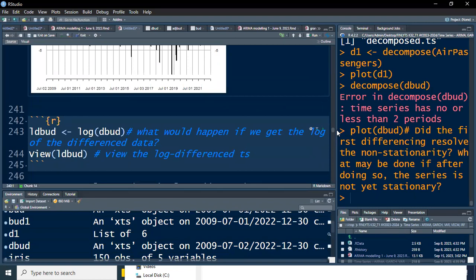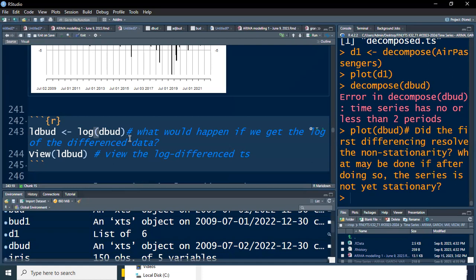Okay. So now class, let's try this. Because what we did was get the difference of bud. Now, what is getting the log used for? Getting the log of the data. If you have data with non-constant variance, the non-constancy of variance will not be addressed by differencing. The non-constant variance will not go away if you just difference.